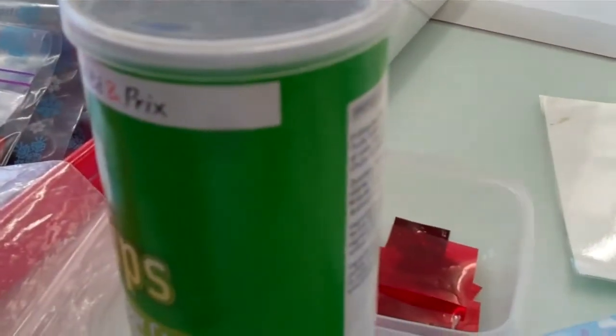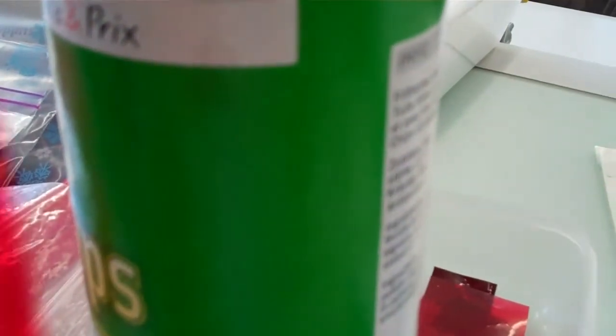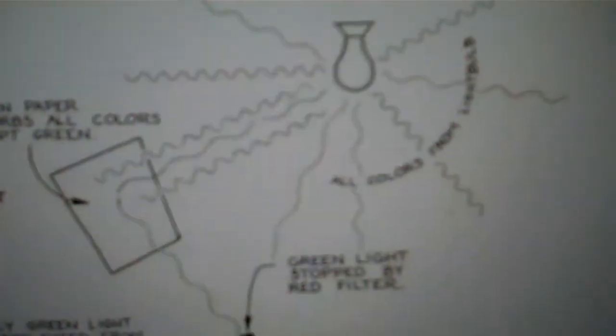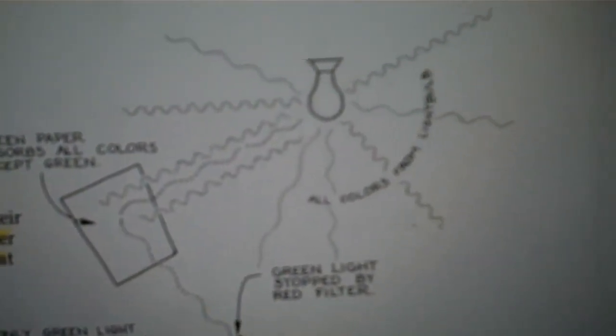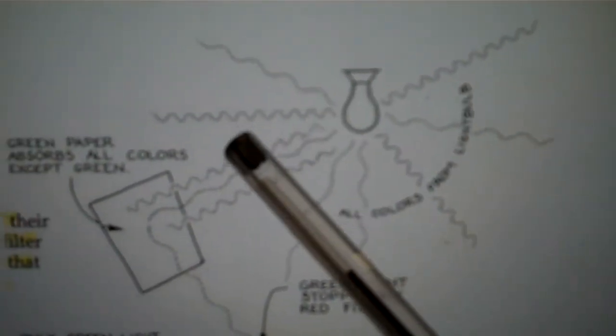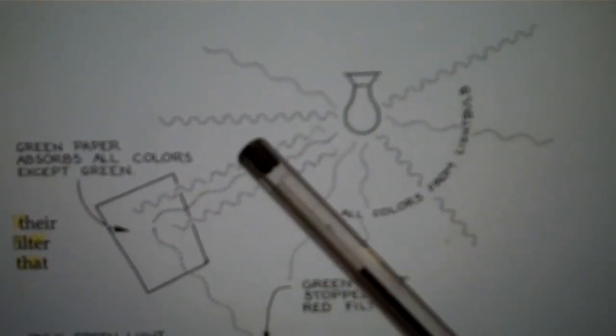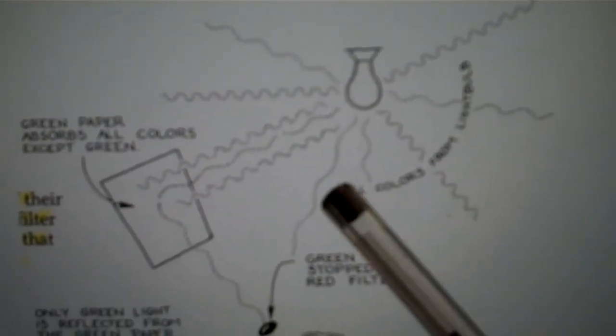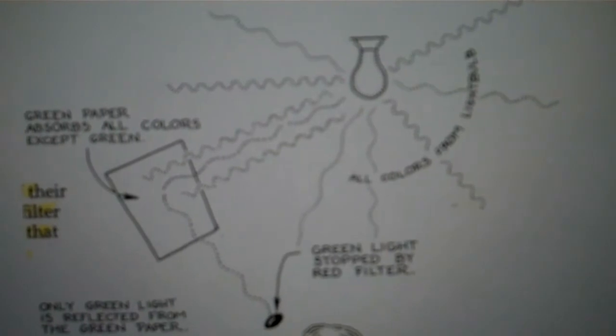Okay, now why does a green object look black when we put a red filter through it? So if you look at this diagram, we have the light. The light is producing all the different frequencies of light, and each frequency is a certain color.